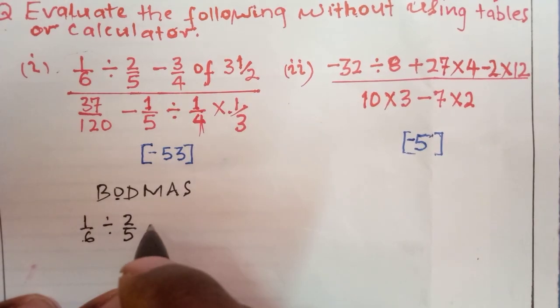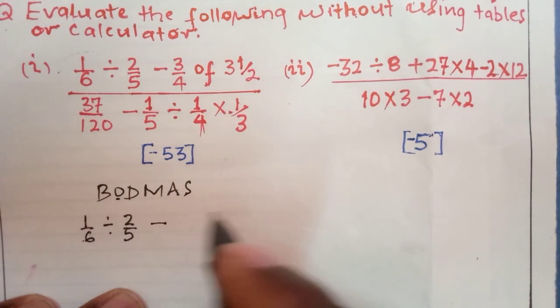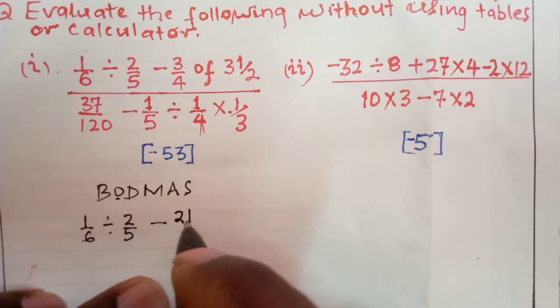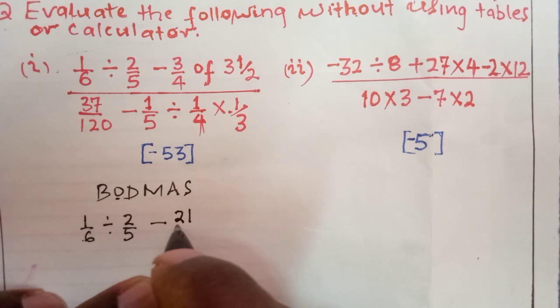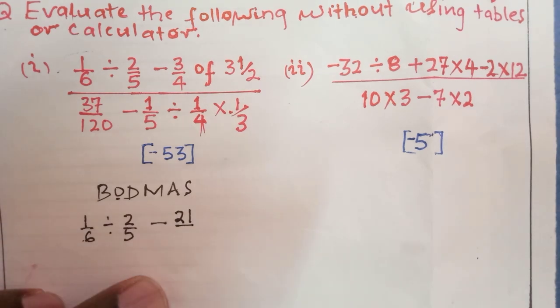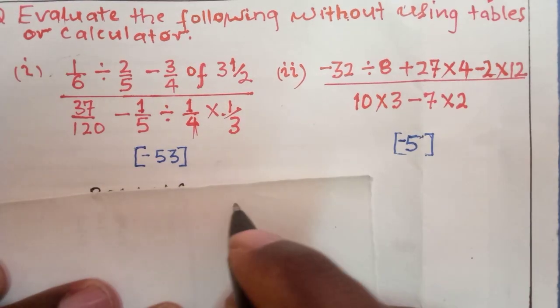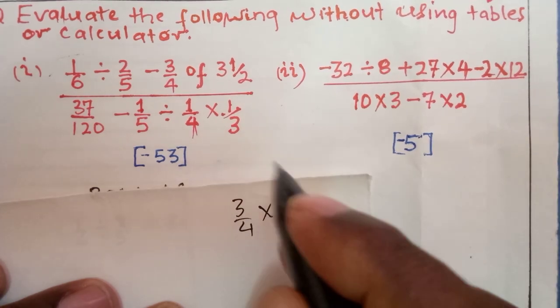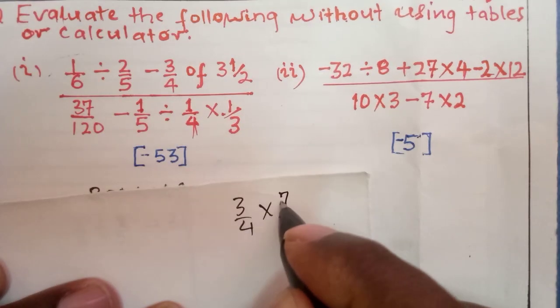This one now gives us, guys, 21 all over, what I can say, maybe I could do it here. That would be 3 over 4 multiplied by 7 over 2.